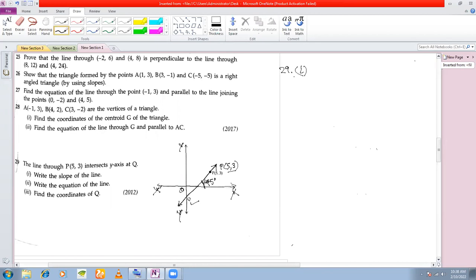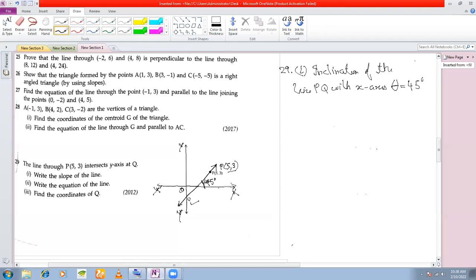What should be the slope of the line? If you see, the straight line makes an angle of 45 degree with the x-axis. So what is the inclination of the line? Inclination of the line PQ with the x-axis, theta, right, is equal to 45 degree, right?